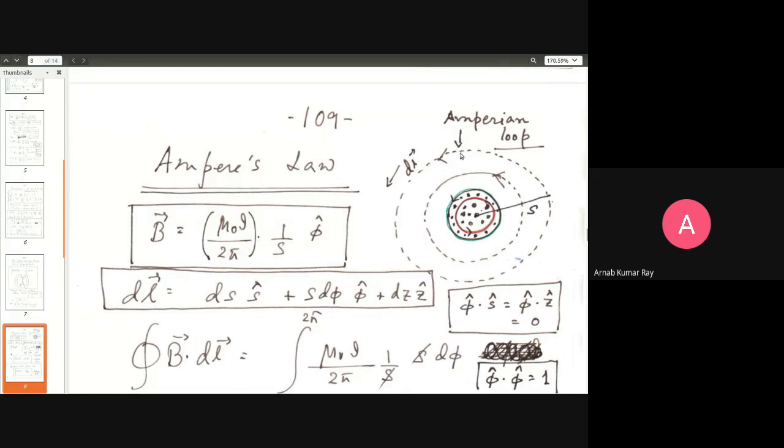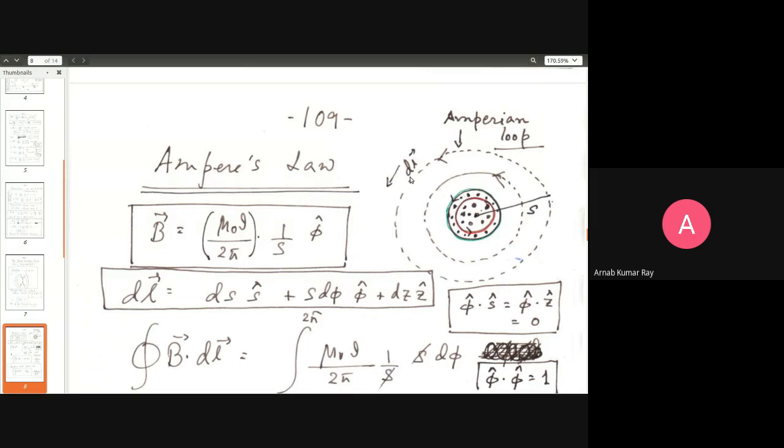This is an imaginary Amperian loop that you have drawn, and it coincides with the magnetic field that is generated by the current passing through the wire. Now let us see what we can do with this.